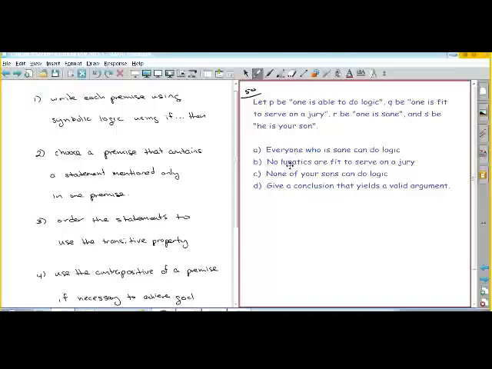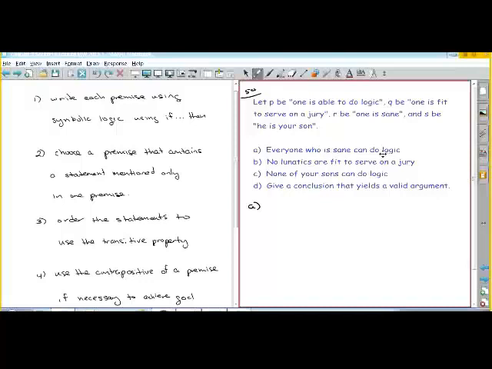What we have are 3 premises. Given these 3 premises, what is the conclusion using this procedure? The first thing is write each premise using symbolic logic using if-then. Notice there's no if-thens in here, so we have to rewrite these statements as if-then statements. So the first thing is I'm going to rewrite these as if-then statements.